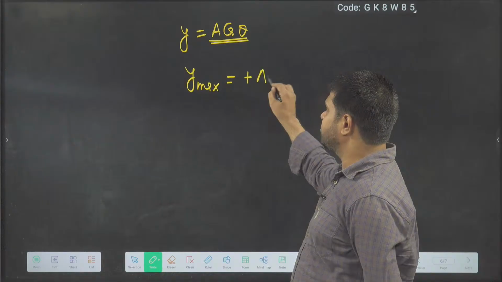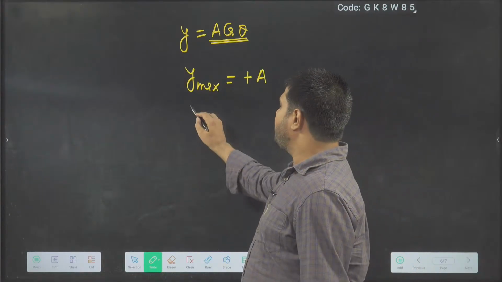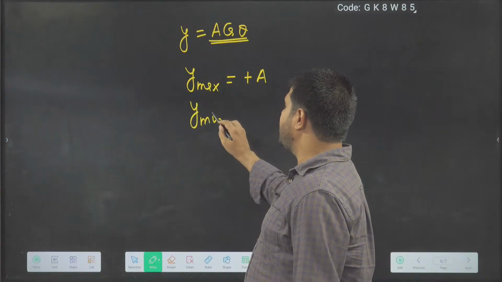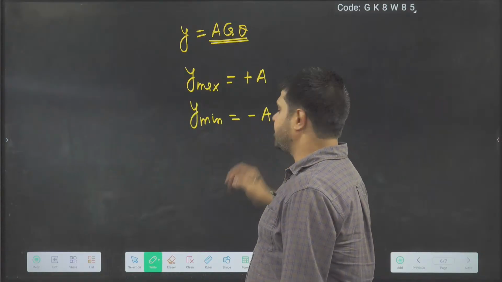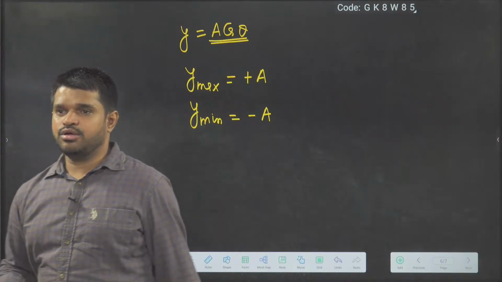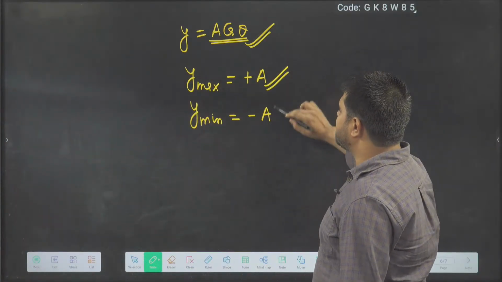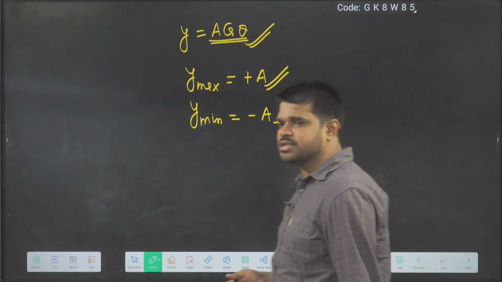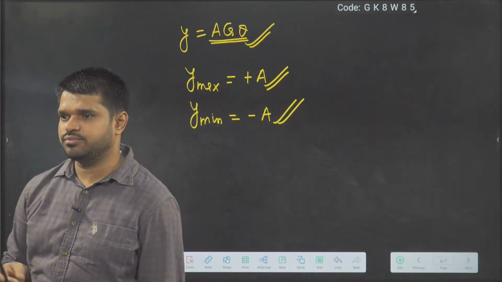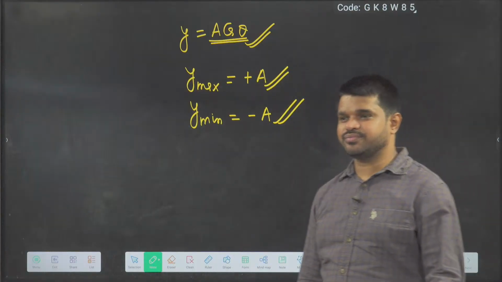Plus a. Minimum value will be minus a. Write it. So for expression a cos theta, maximum is plus a and minimum is minus a. Done up to here?